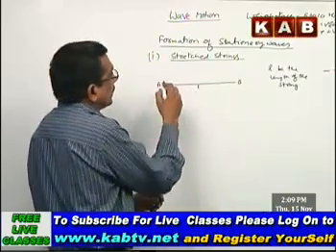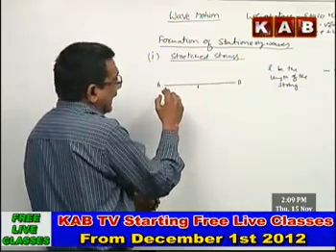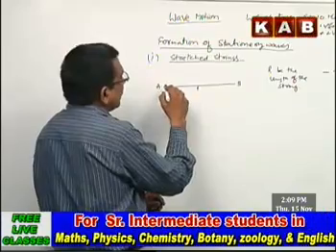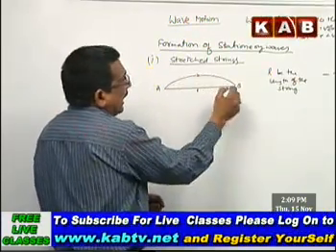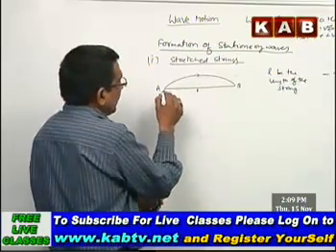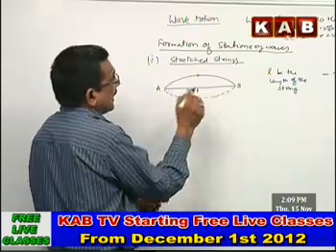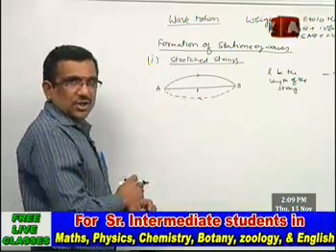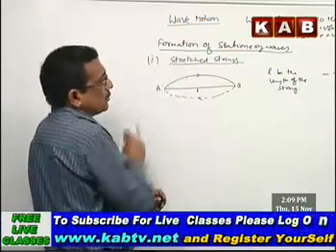As you pluck the wire, the particles on the string start vibrating perpendicularly, and a transverse progressive wave is set up at the end A, and that will travel from A to B. At B, as it cannot advance, it reflects back. This is a transverse stationary wave, due to superimposition of transverse progressive waves.